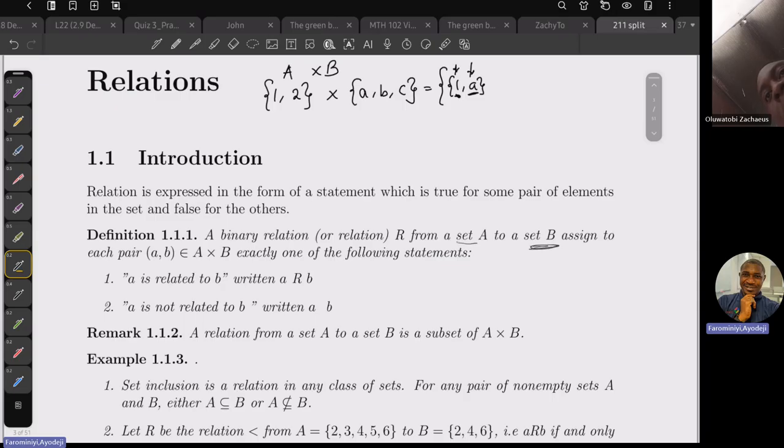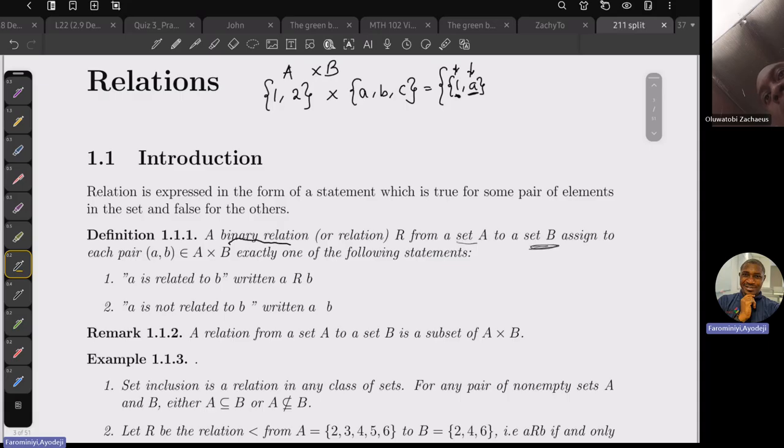So it is a binary operation because you are looking at just A and B. So when you're talking about relationship, it is not something within two or three or more parties. It's just between two parties, two sets. And that is why we have the binary relation here.